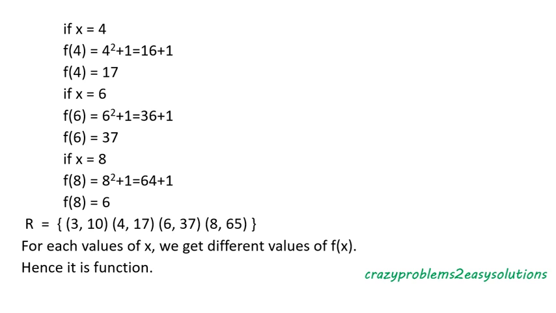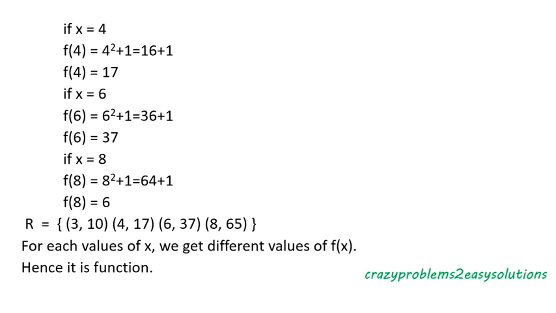Then if x equal to 6, f of 6 equal to 6 square plus 1 equal to 36 plus 1 equal to 37. Obviously, if you apply x equal to 8, you get the answer 65. Then we have to write the relation.